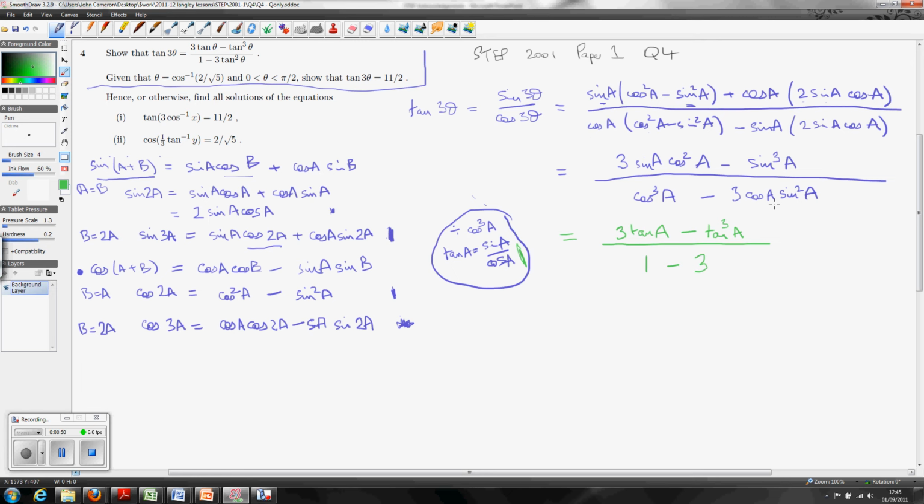Now I've got minus 3 of something, cos cubed A into this. The cos A will go, left with sine squared over cos squared, which is tan squared A.